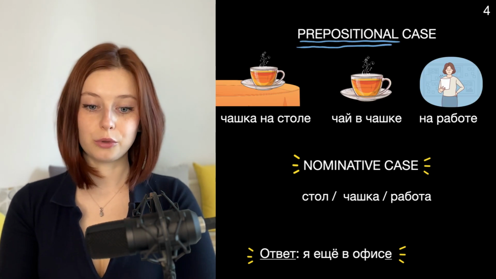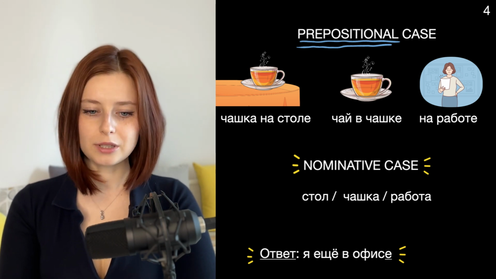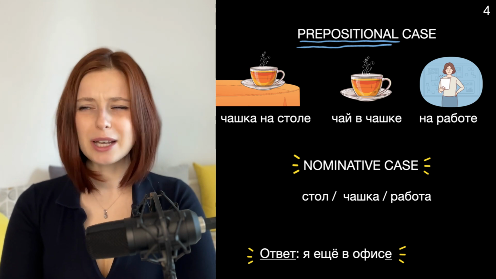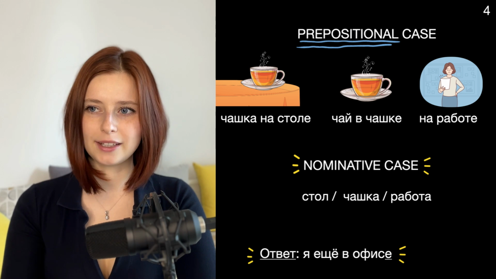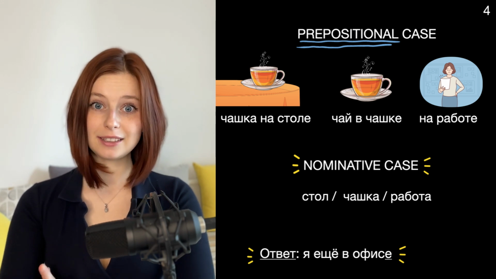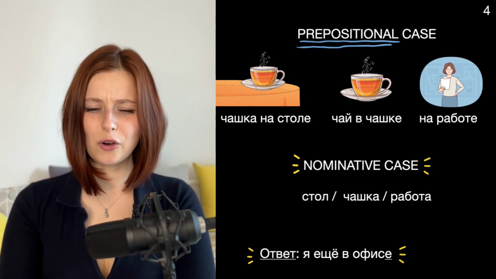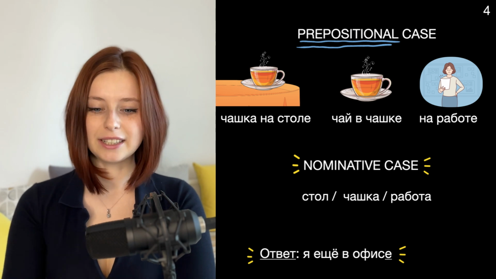Question number 4. Я еще в офисе, дома буду поздно. I'm still at the office, in the office. At the office or in the office? I can never get this right, guys. Can you please tell me in the comments so I can finally remember? At or in? So, I'm still in the office, will be home late.